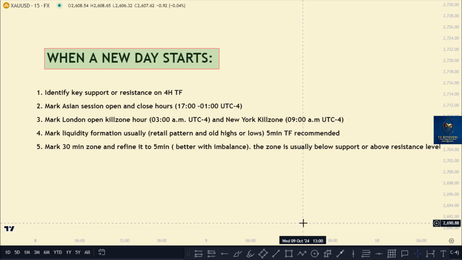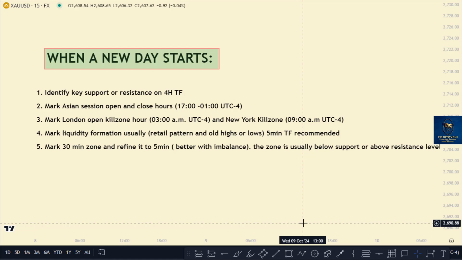Remember, when I say liquidity formation, you must mark it during the Asian session, and then all the highs and lows you have to look at, of course the Asian low and also previous days' lows that were formed there. So that's it. Mark the 30-minute zone and refine it to 5-minute, better with the imbalance. The zone is usually below support or above a resistance level.